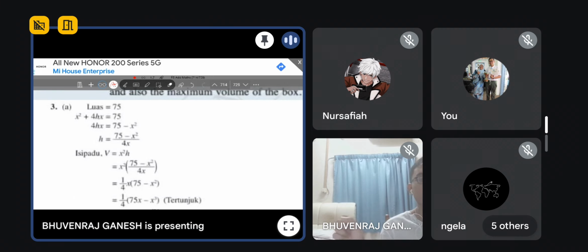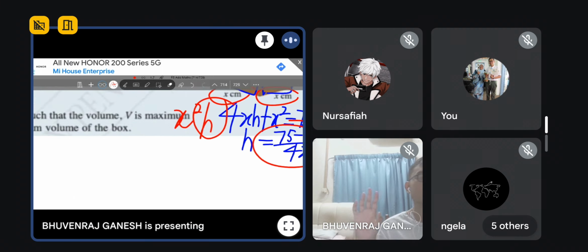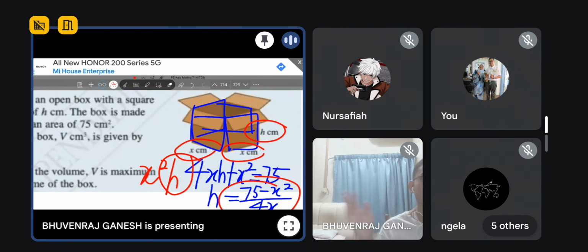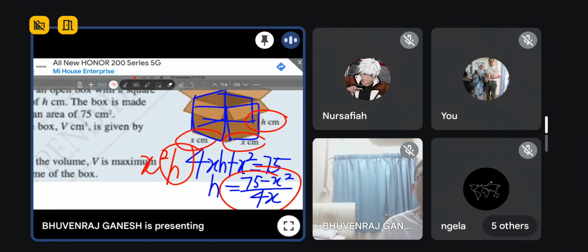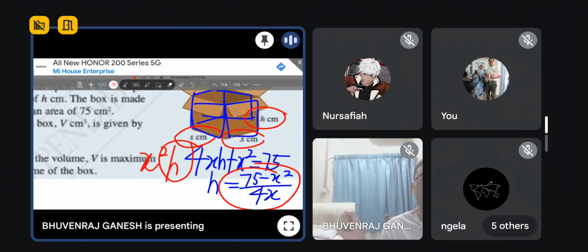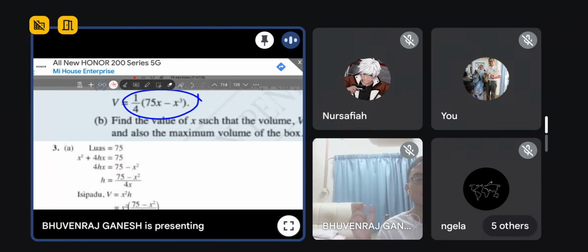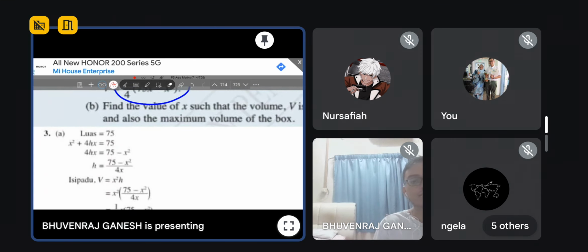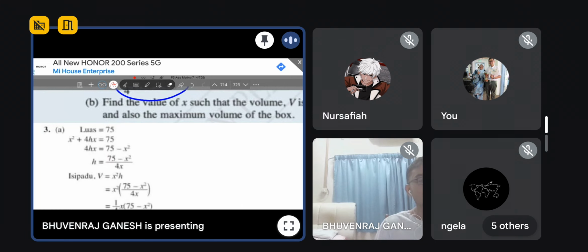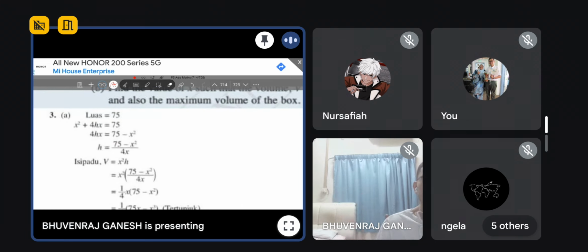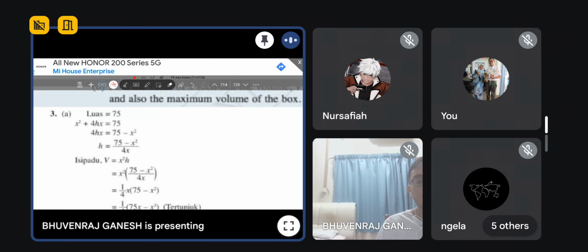It's just that the question will come out in a different version, but the concept you apply is totally the same. Maybe they change the value or the expression only. So that's why in AdMaths, concept is very important. Concept will help you a lot, even if the question changes however much.